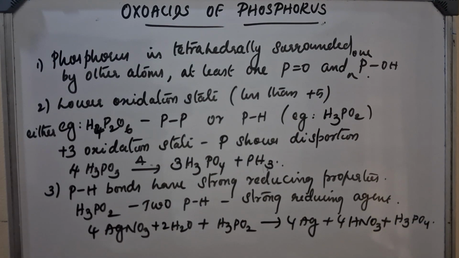So it contains 2 P-H bonds, it is a strong reducing agent, and it reduces silver nitrate to silver.